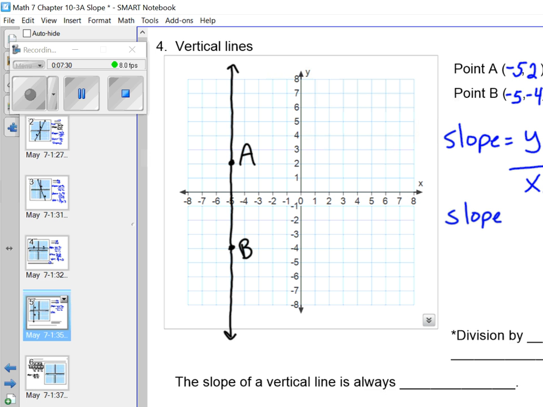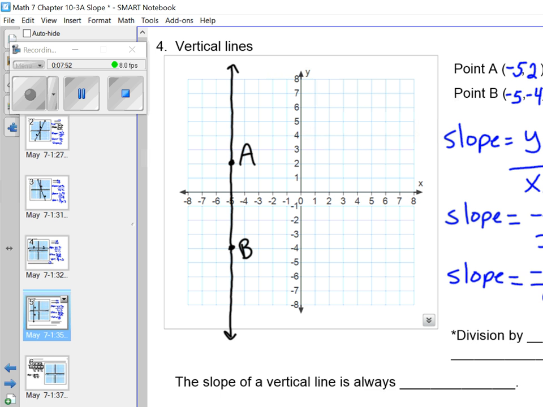I'm going to pick B as my designated point 2, so I will have negative 4 minus 2 over negative 5 minus negative 5. And the opposite, I will get negative 6 over 0.